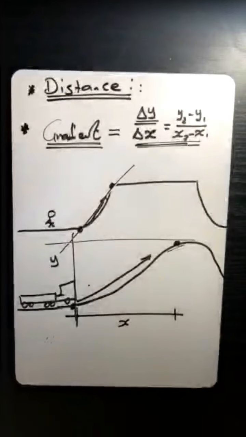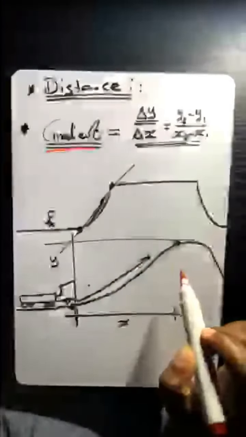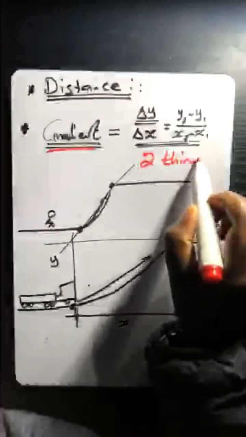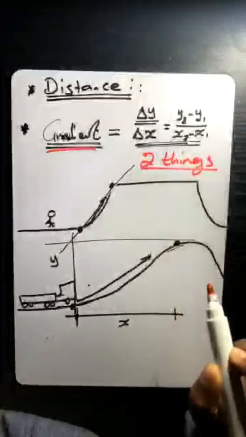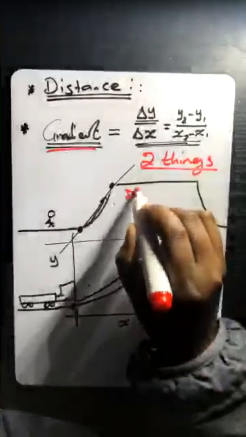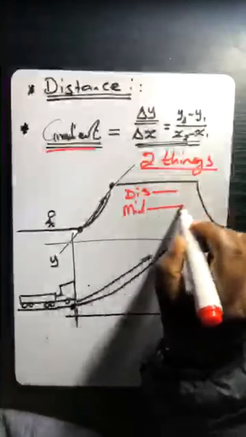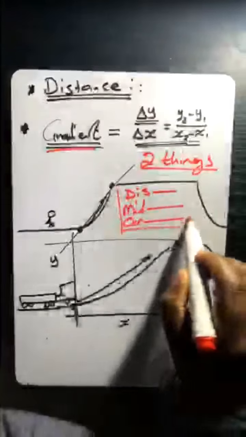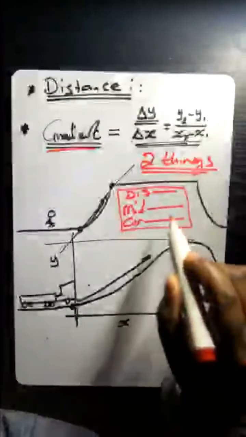Something else you need to be aware of is that with the gradient formula, you need to know two things to use it. In short, for the distance formula, the midpoint formula, and the gradient formula, you must know two things in order to apply these formulas.